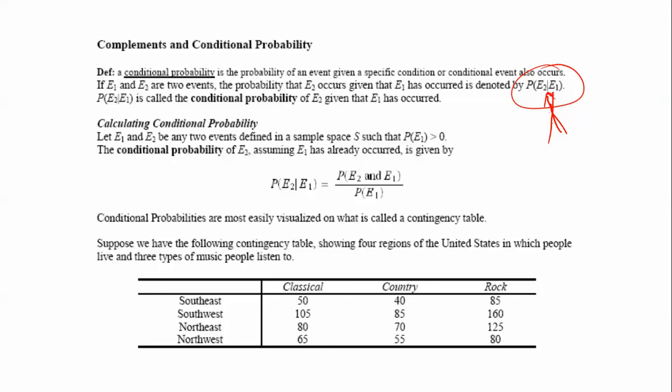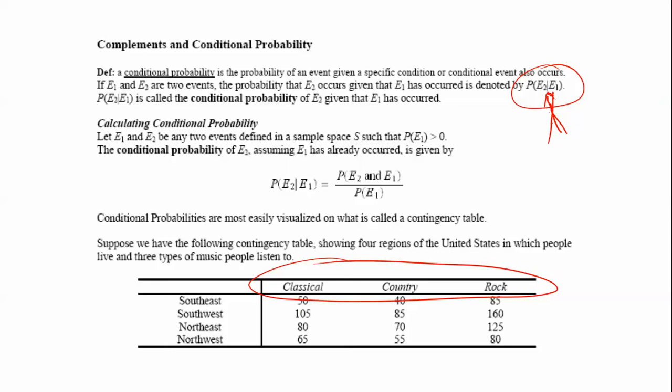So suppose that we sample a number of people and we ask them what type of music do you like, classical, country, or rock? And then we also ask them, where do you live? The southeast, southwest, northeast, northwest. The questions that we're asking them here, country music, rock, classical, these are mutually exclusive. If you like classical, you can't like country.